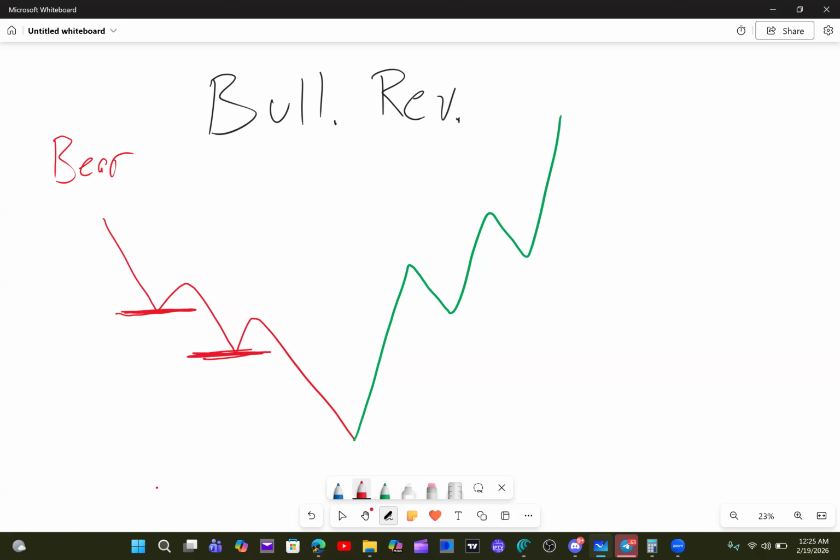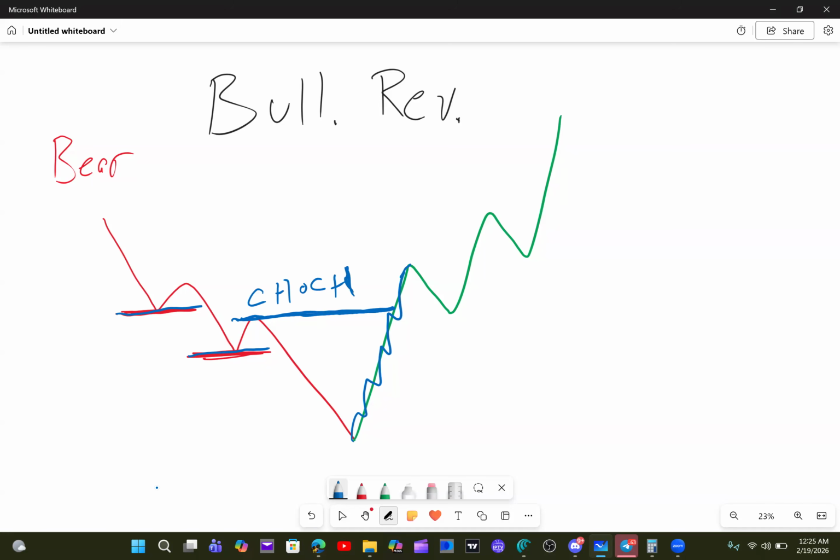But then something unique happens. As the market starts to come up and we break this last high point here, notice we go from breaking lows to breaking highs. This is your first indication that the market will be bullish. And this is your change of character, or you can call it a shift in market structure. This is the first clue that price may potentially go bullish.